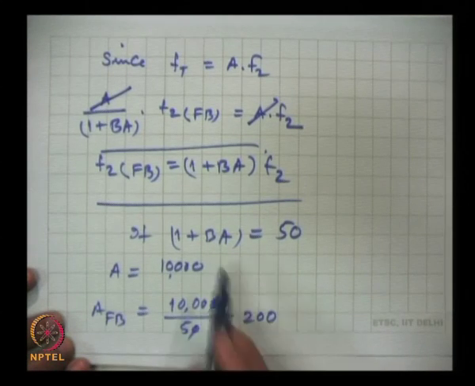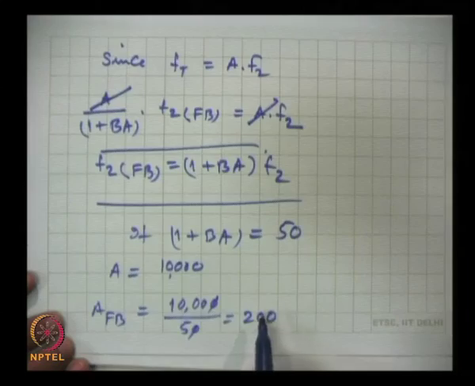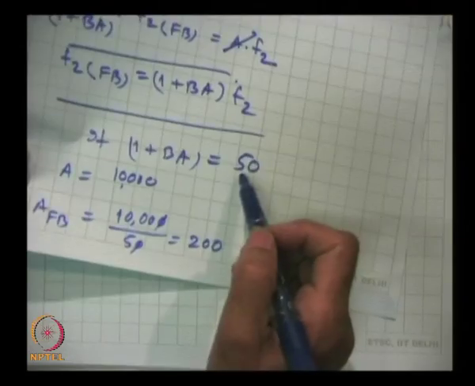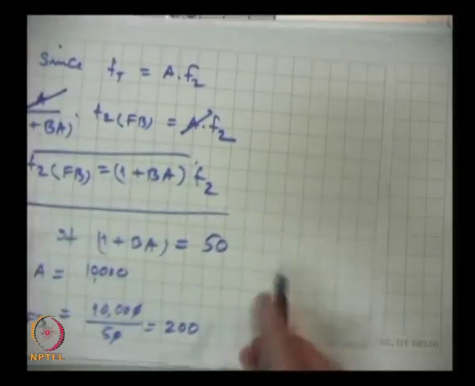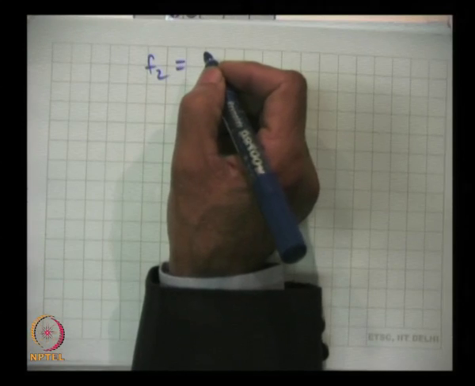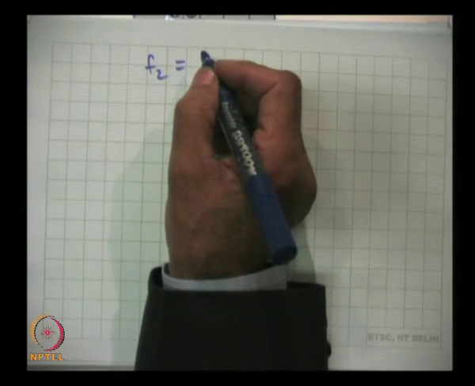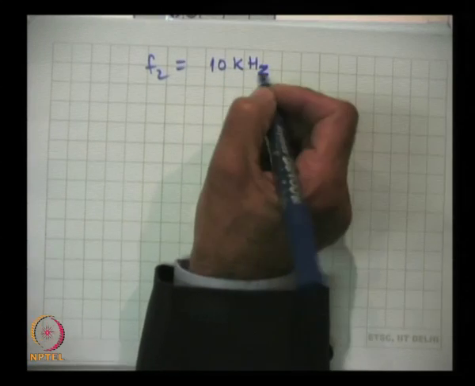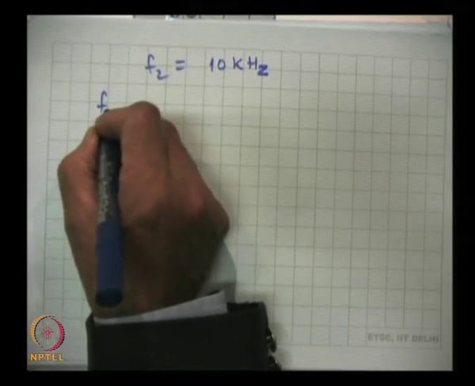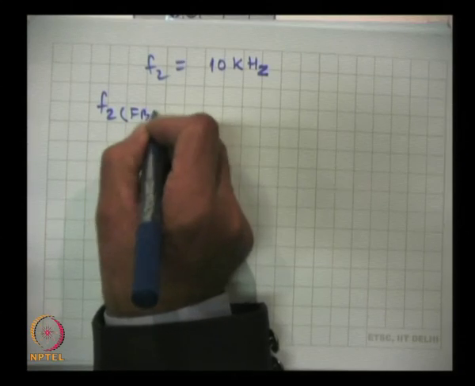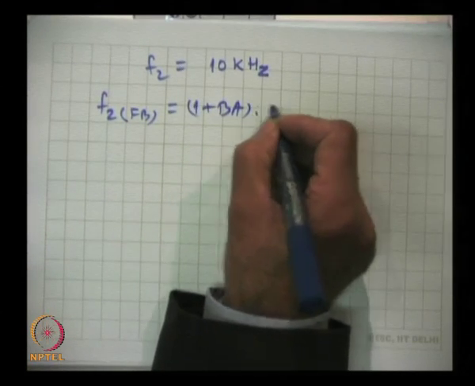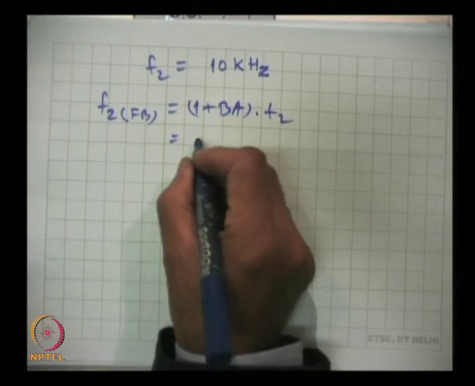This is the price, but with this the bandwidth will go up. If this factor is 50, and let us say that f2, the bandwidth of the amplifier without feedback, was 10 kilohertz, then with feedback the bandwidth will be f2 fb equal to 1 plus BA into f2, and this factor we have taken as 50.